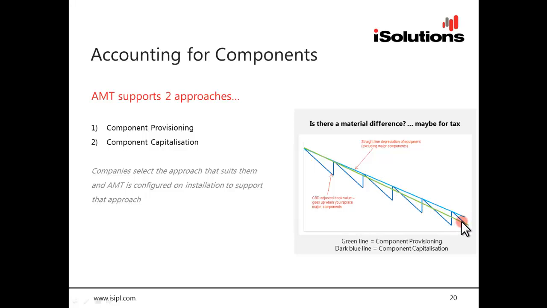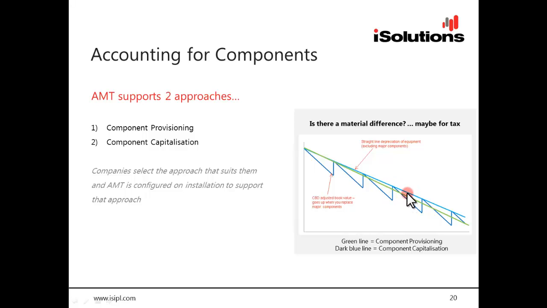Now, at the end of the day, you end up in pretty much the same point. Probably, though, in the first 2 to 3 years, there is an advantage around the component capitalization. You get a more aggressive depreciation. But then as you get into the middle years, it starts to become a little bit of swings and roundabouts.